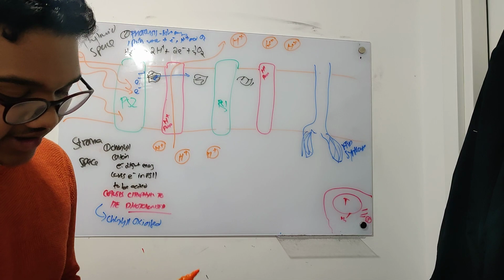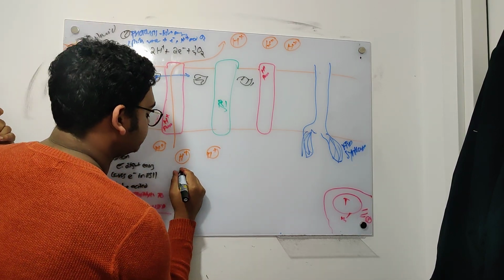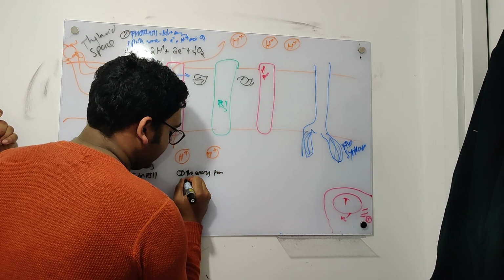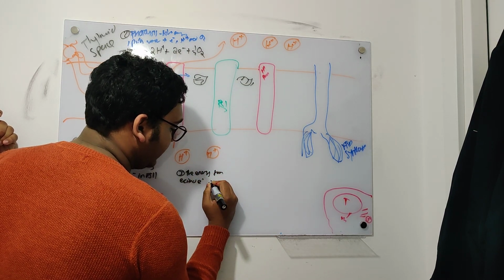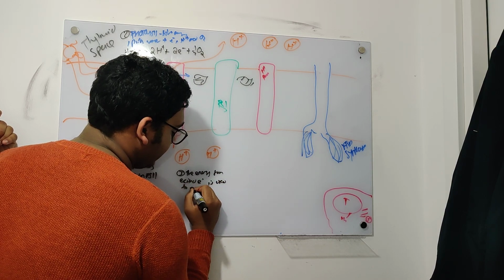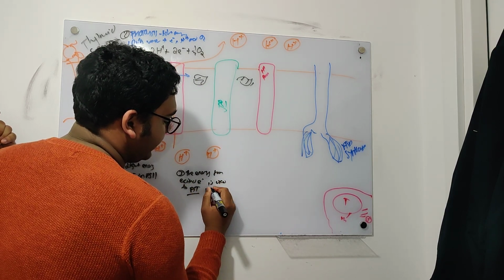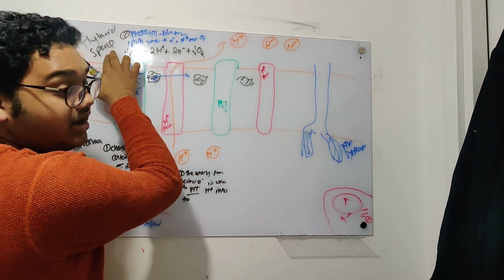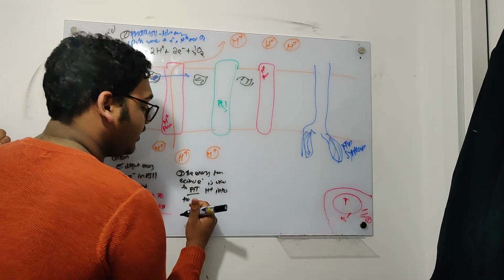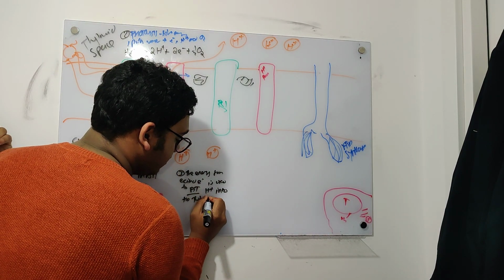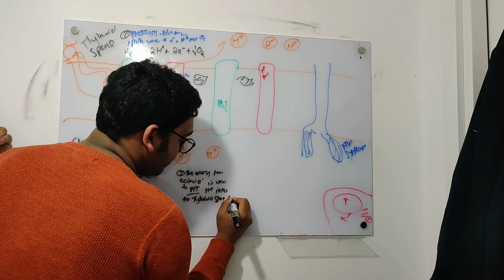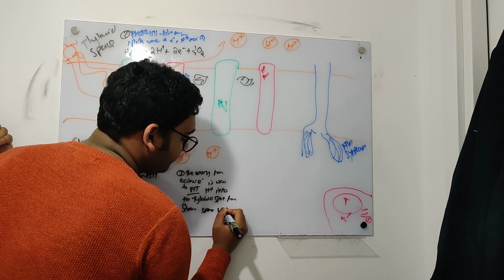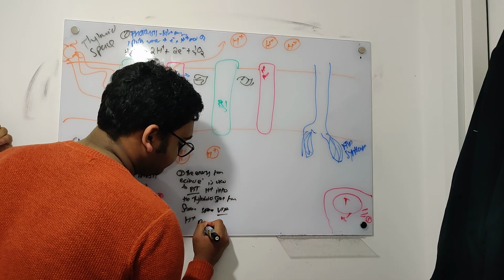So the next thing I'm going to write down is that the energy from the excited electron is used to actively transport H plus into the thylakoid space. Remember this diagram over here? From the stroma space via your H plus pump.